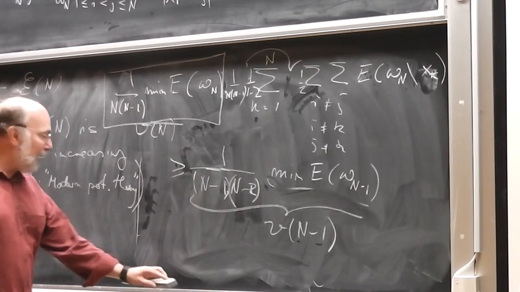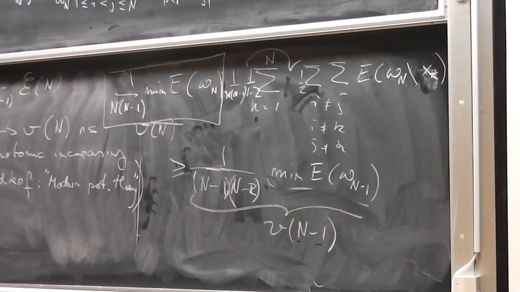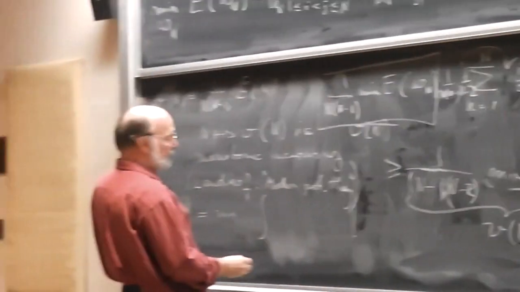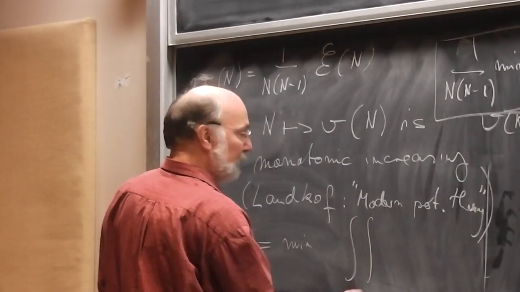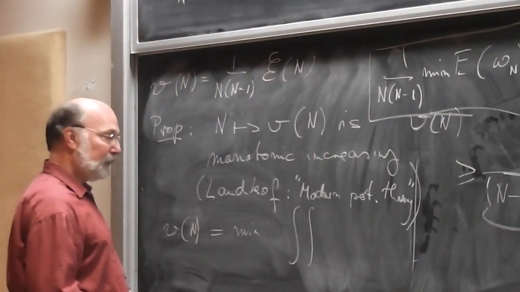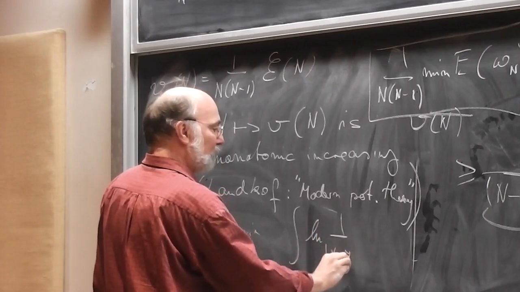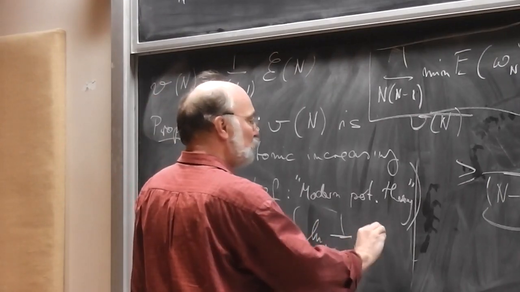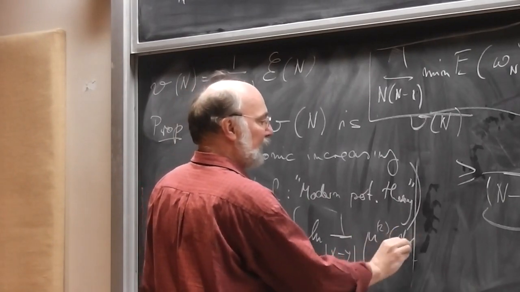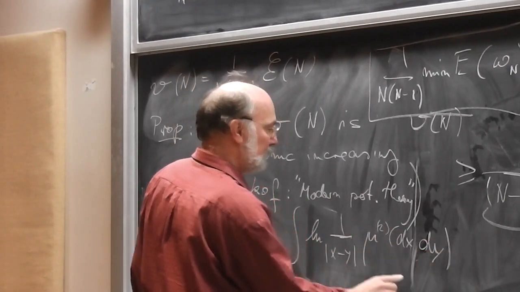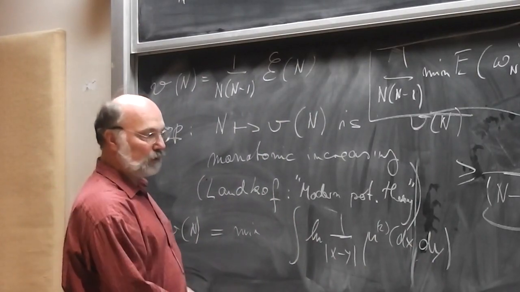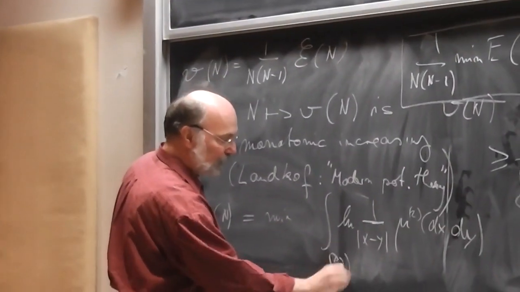All right. Next, one can write V of n also as a minimum problem in a single integral: I have ln of 1 over |x minus y|, and I take a 2-point measure of dx dy, and I go over S squared.